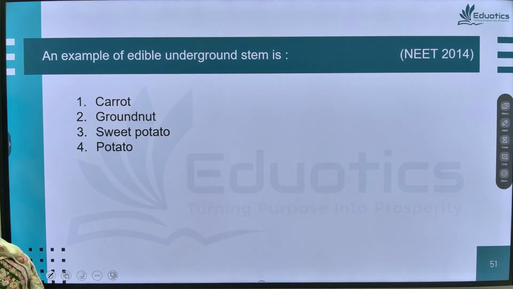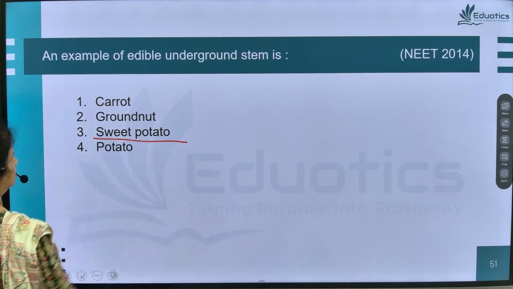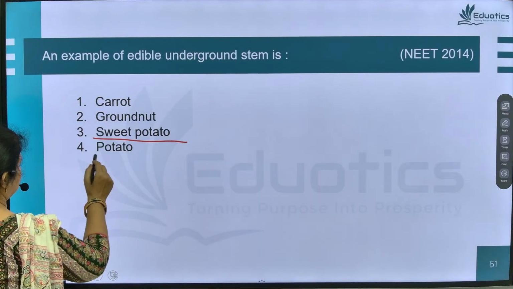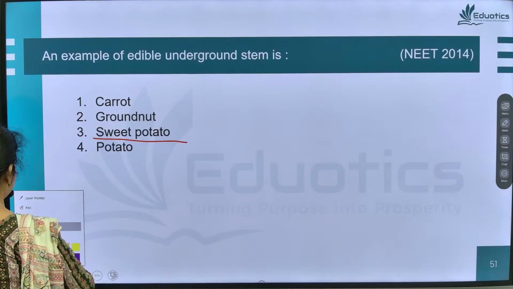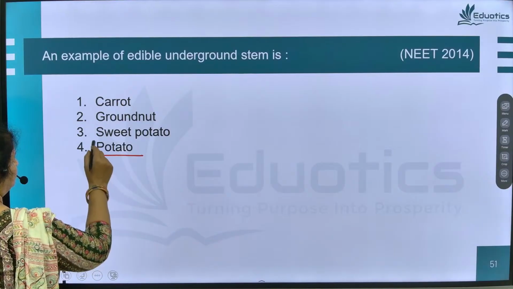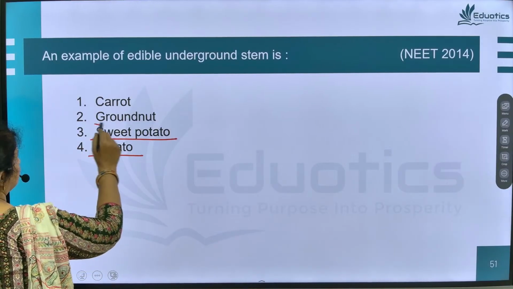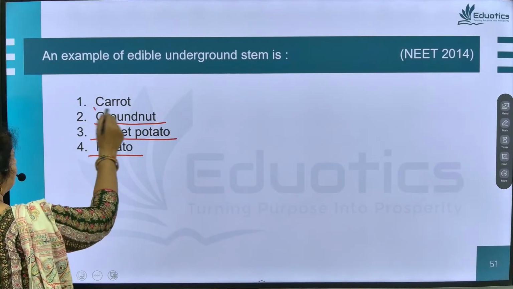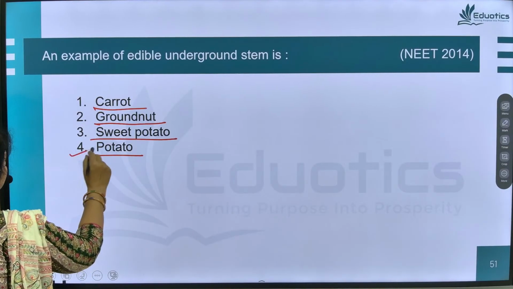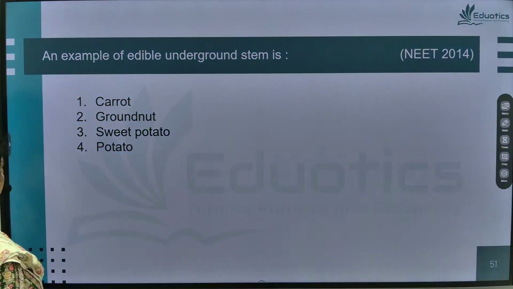Edible underground stem: potato. Sweet potato is a root modification. In groundnut we eat the cotyledon. In carrot we eat the root. And potato is an example of an edible underground stem.